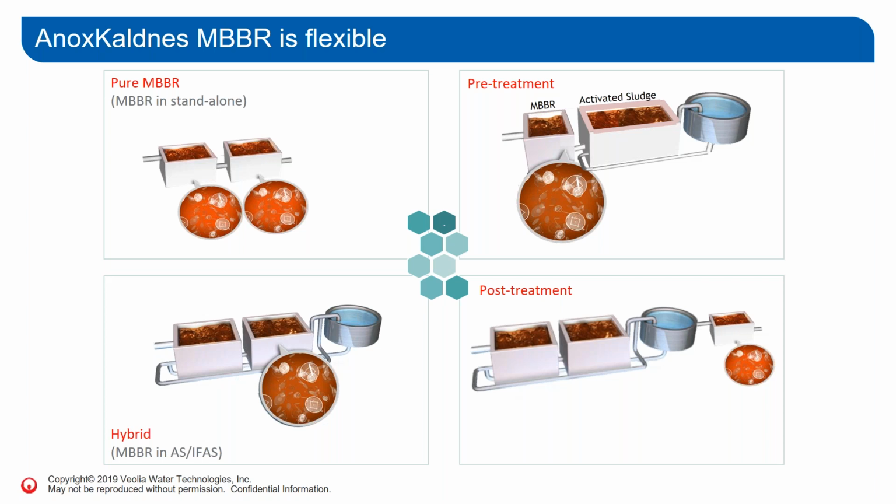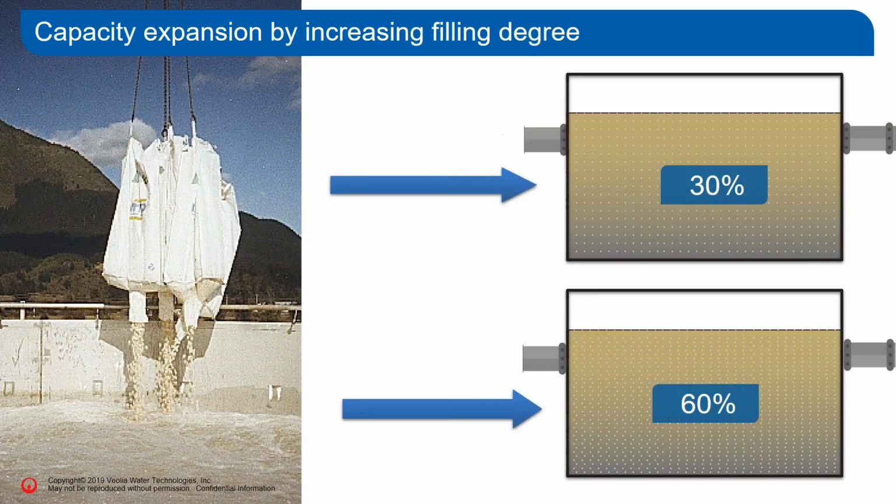And you can also put MBBR as a post-treatment. In this case you see here it's post-treatment after activated sludge, but maybe even more common would be, as Rob talked about, the combination of anaerobic treatment and aerobic treatment. You can have an anaerobic pre-treatment and follow with MBBR as a post-treatment after that. So there are many, many different combinations we could do.